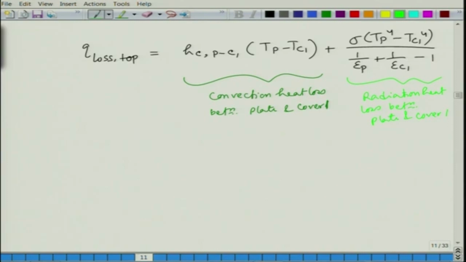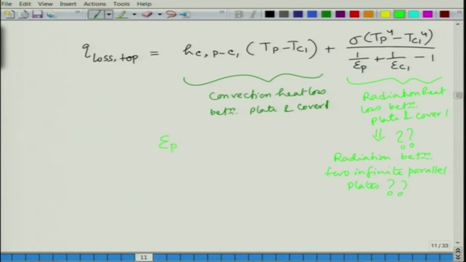Now, is this formula familiar to you? Do you remember this? If you do not remember, please go back to your radiation heat transfer book and see what is the radiation between two infinite parallel plates. Please look that up, you will find the exact same formula here.